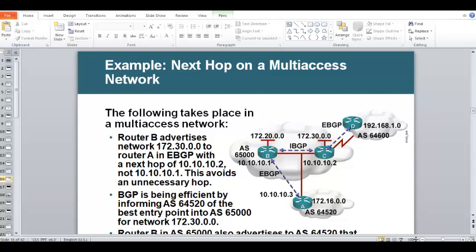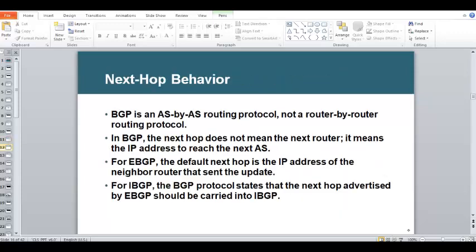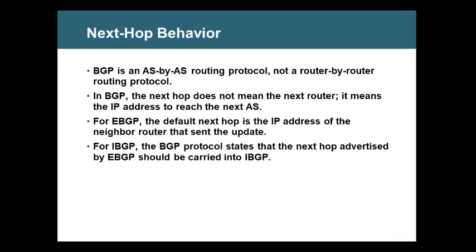So we are going to begin from this place, next hop behavior. Whenever a route is advertised from one autonomous system to another autonomous system, the giver of the route will put their address and give.